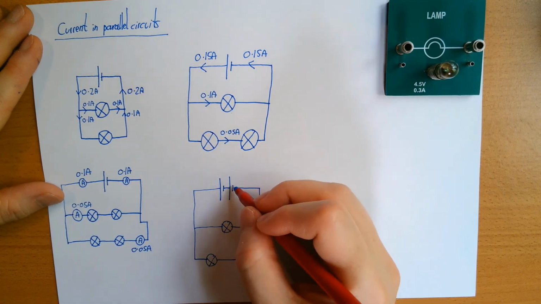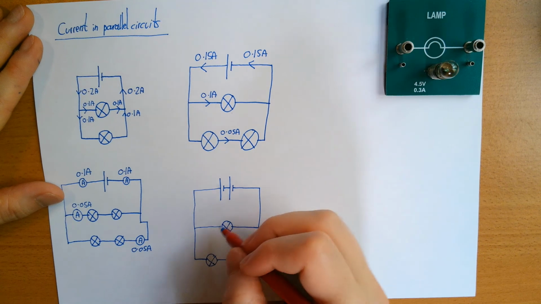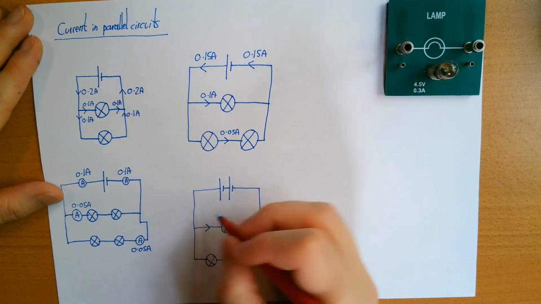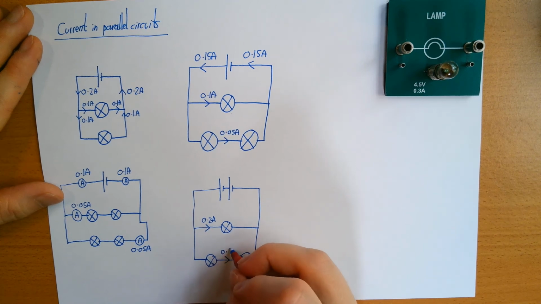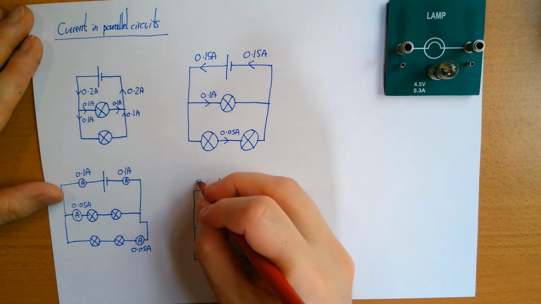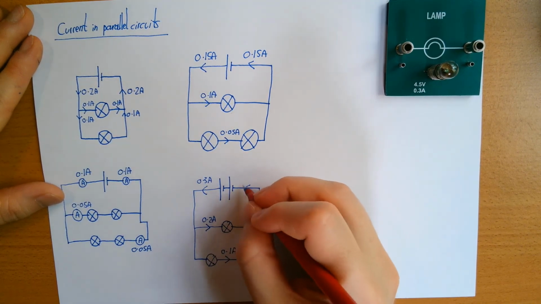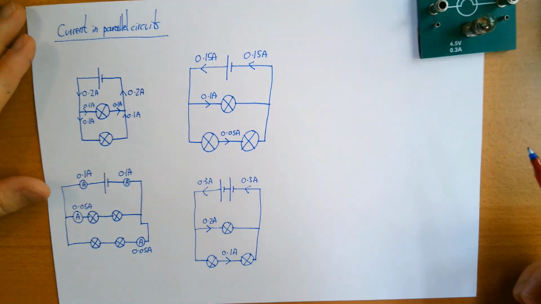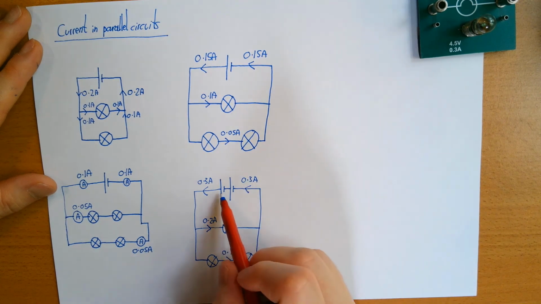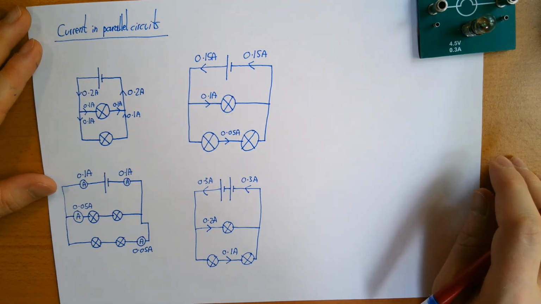Doubling the number of cells without affecting the bulbs in this circuit, at this point I'll get 0.2 amps. At this point, I'll get 0.1 amps. This point, 0.3 amps. This point, 0.3 amps. So everything has doubled, because you double the number of cells, double the pushing power.